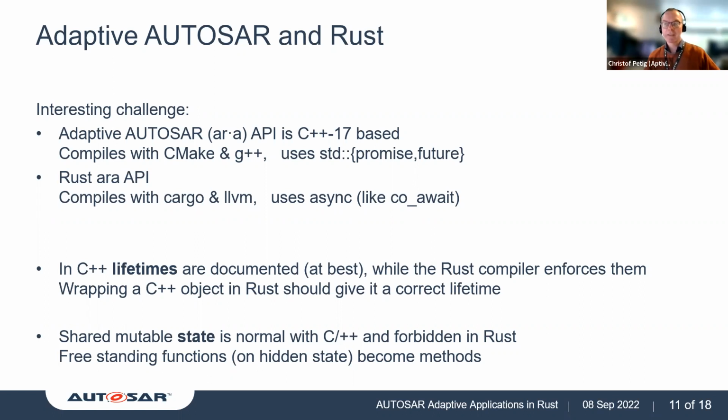With Rust, this is documented within the language. And this, of course, means that bounds to lifetimes on objects should be visible from the source code. And this is not obvious from looking at C++ code. I will show that on the next slide with some example code.